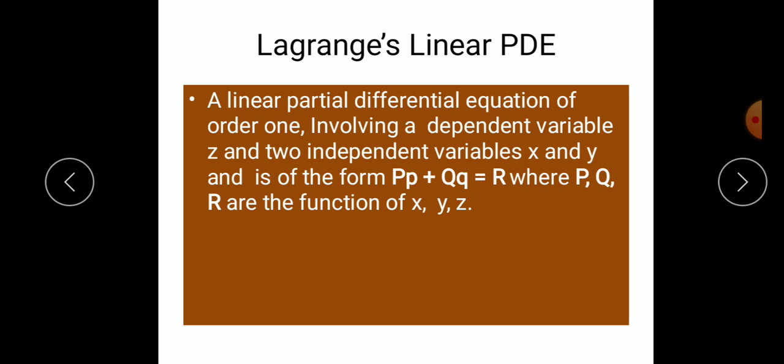So a differential equation is called a linear partial differential equation if z, the dependent variable, and all its derivatives appear in it in first order. So what does it mean? A partial differential equation which is not linear is called a non-linear partial differential equation.